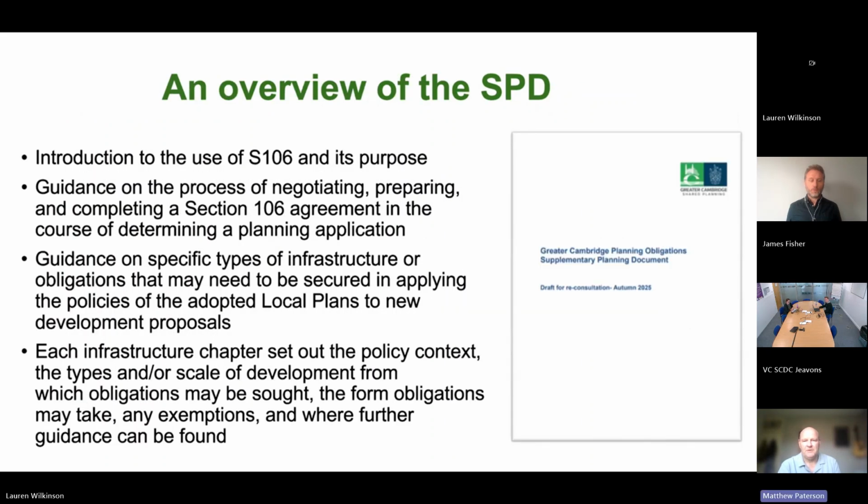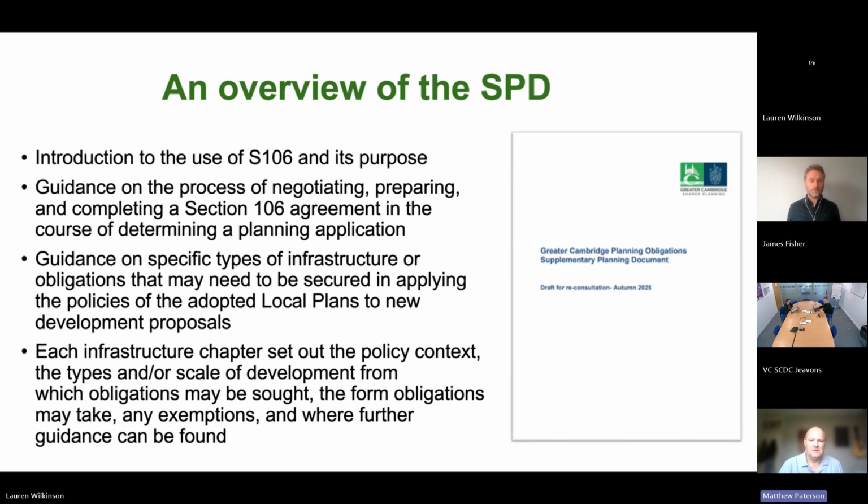So just a very brief overview of the structure of the SPD. The introductory text is all about the use of Section 106 and its purposes. It has a section on the other types of tools that the council has available to it, including conditions. And obviously the first port of call will be conditions where possible.